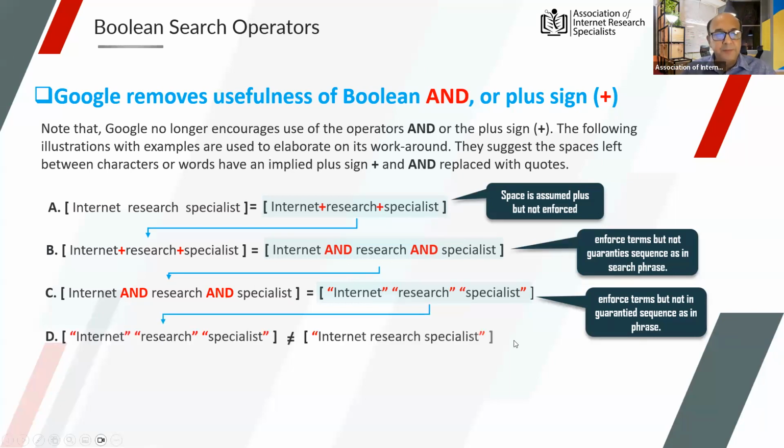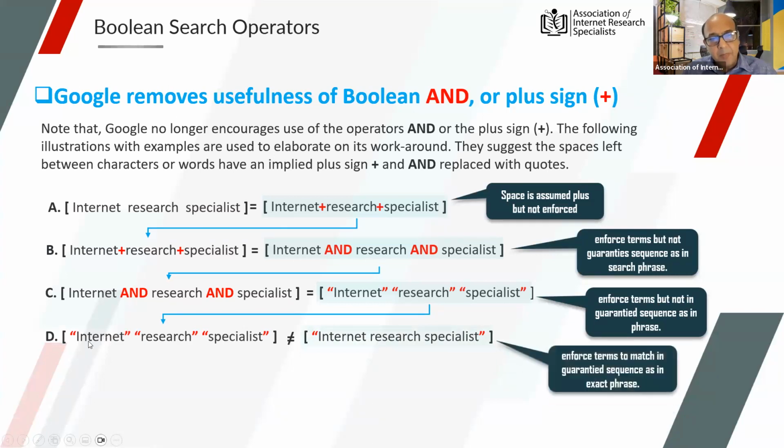Taking it still further, in D, it's more like a revision. Okay. In D, you could see we've brought down these three words inside of quotes. And now we are saying it is not the same as putting the three words each individually inside of quotation marks, with or without AND.